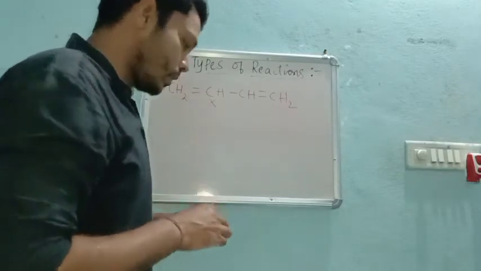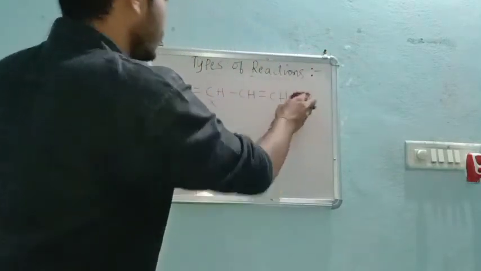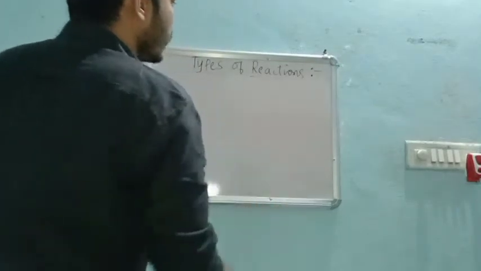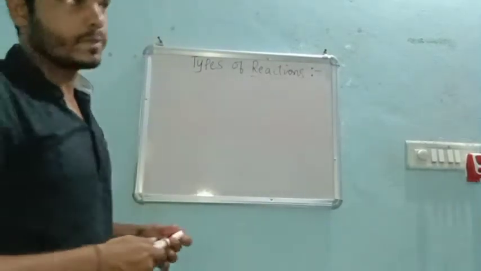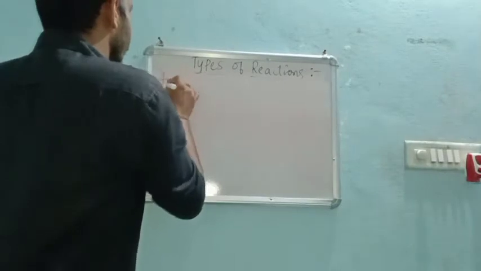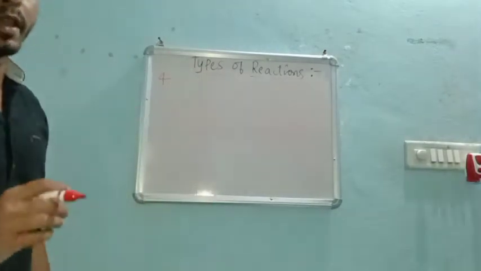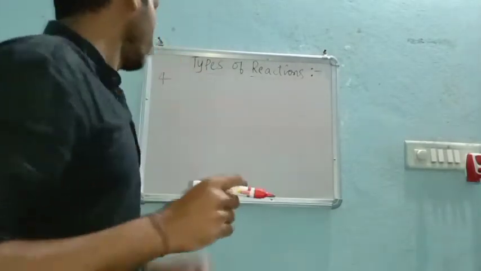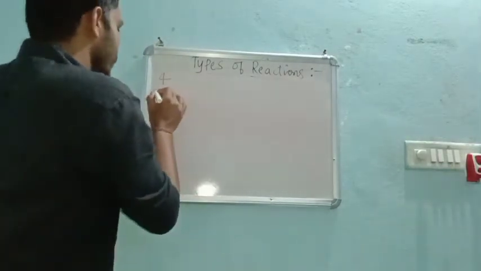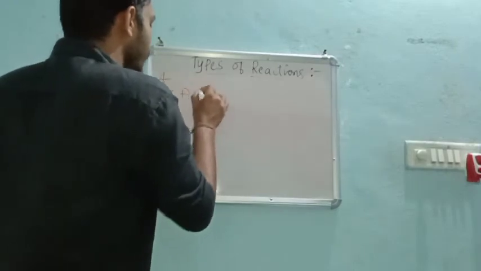So this is what I needed to talk about from yesterday's class. In today's class, we will go with the types of reactions. In organic compounds, we have four types of reactions. Number one, addition reaction.